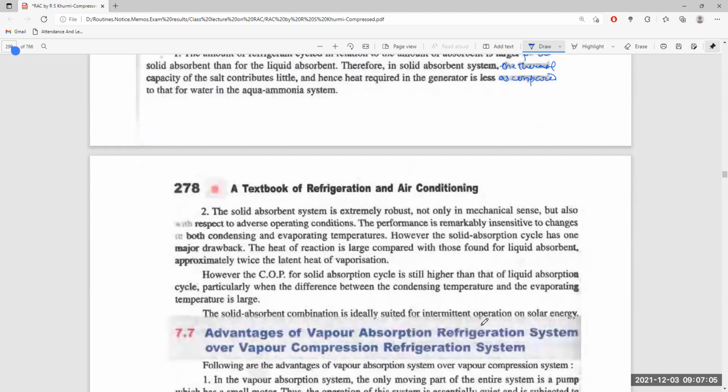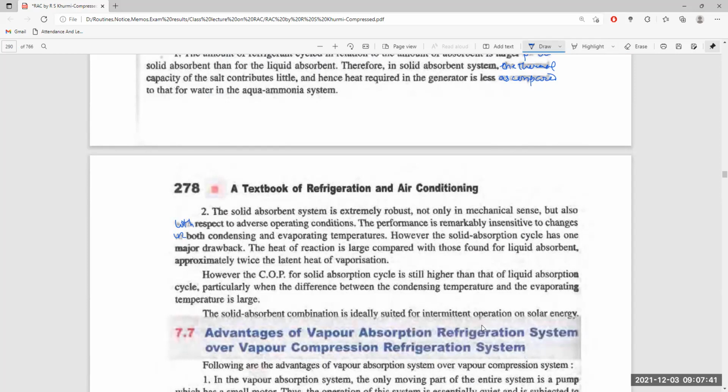The solid absorbent is thus extremely robust, not in the mechanical sense, but with respect to adverse operating conditions. The performance is remarkably insensitive to changes in both condensing and evaporating temperature.